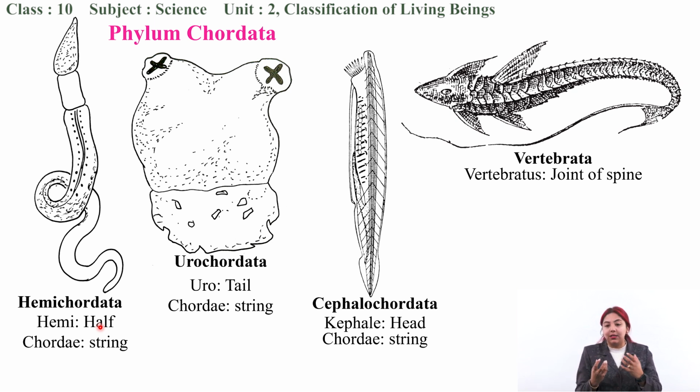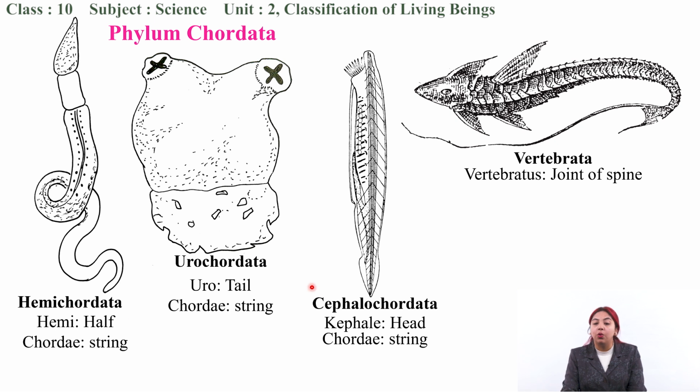Despite the fact that it does not have a notochord, it does exhibit 2 distinguishing characteristics of the phylum Chordata. That is, they have the presence of pharyngeal gill slits in some species and a hollow nerve cord as well. So it only has half the characteristics of the chordate, so that's why the name is half chordata, that is Hemichordata.